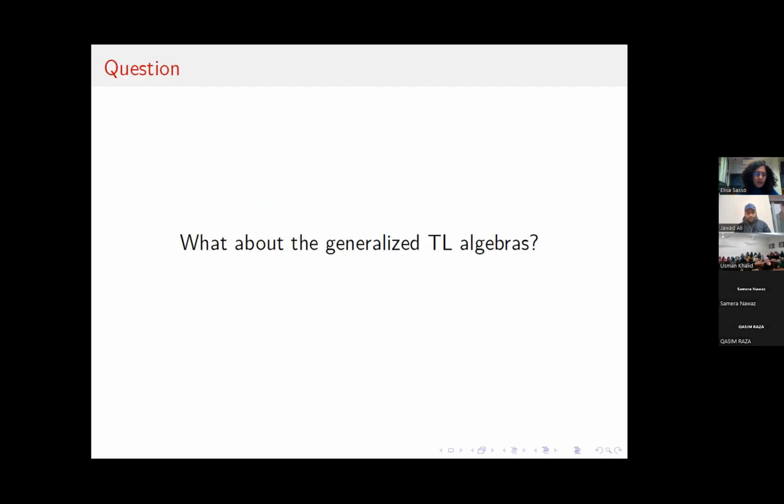So there actually exists a Temperley-Lieb algebra for each Coxeter system. And so the question is, can we diagrammatically represent all the other Temperley-Lieb algebras? Is that possible?